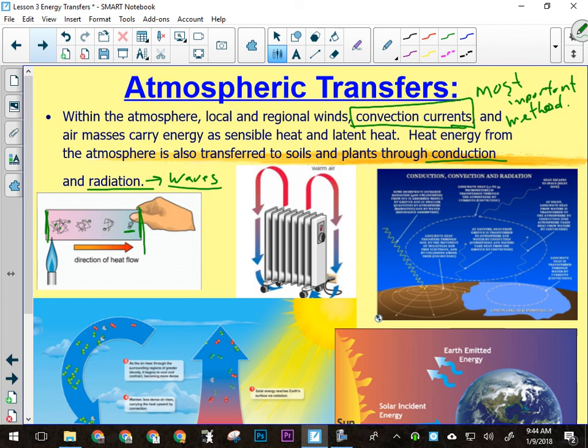One of the things I'm going to ask you to do in this unit is apply what you know about convection, conduction, and radiation to a practical situation. As an example, this insulated coffee mug is an example of harnessing these three methods of heat transfer, or rather not harnessing them, but preventing them.